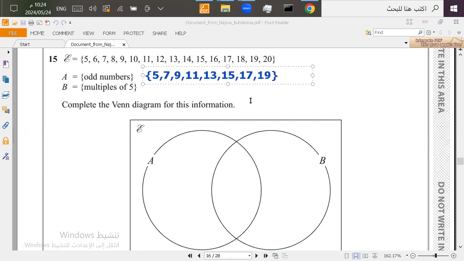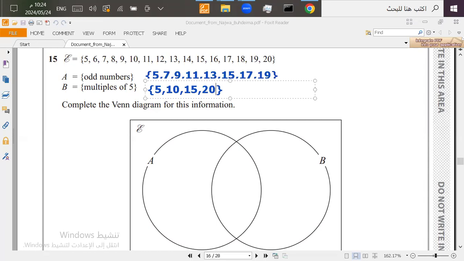These are the odd numbers. Now we're going to write multiples of 5 here, using set brackets again. Multiples of 5: we have 5, 10, 15, and 20. These are multiples of 5.